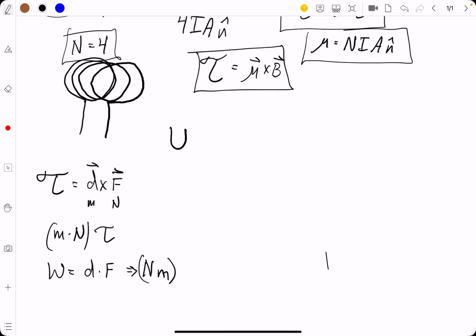So newton meters, what is that? That's a joule. But a meter newton is not a joule, okay? But it kind of is. It's still like an energy.